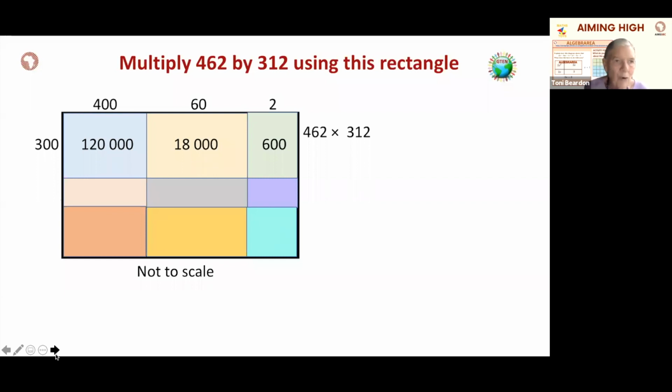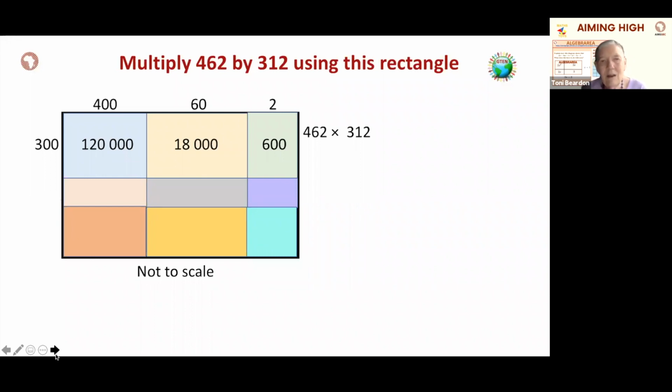It's 3 by 4, but if it's 300 by 400, it's 120,000. And it's 3 by 6, which is 18. Wasn't that easy? But this time it's 300 by 60, so it's 18,000. And it's 300 by 2, which is 600.